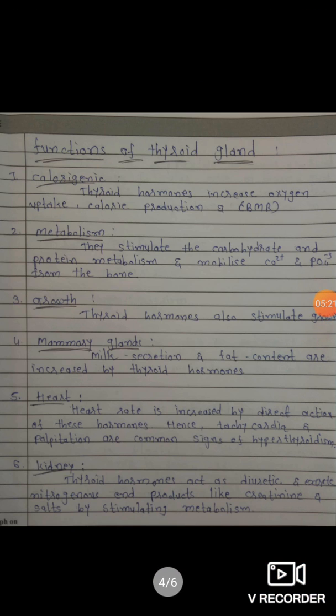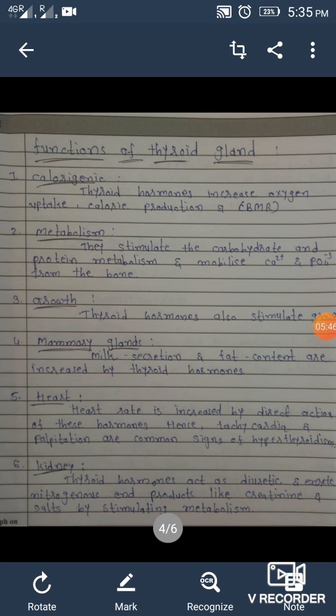On the heart, it increases heart rate, which means tachycardia and palpitations are common signs of hyperthyroidism. Tachycardia means increase in heart rate, and palpitation is also one of the signs of tachycardia, which means a higher heart rate. Then on the kidney, it has an effect like diuresis, which means it will increase the urine output.